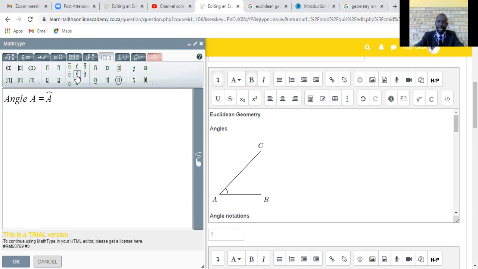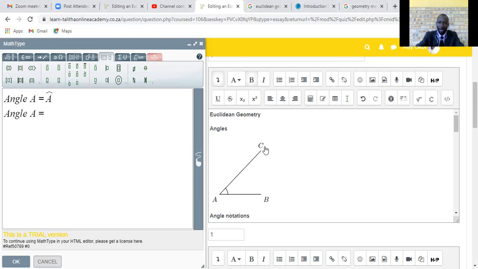Now notice that instead of writing it as A with a caret on top, we could also write it in some other way. For example, we could say angle A is equal to this. The second way of writing angle A is with the help of the line segments leading to the formation of the angle.